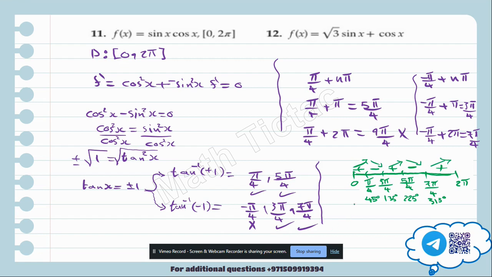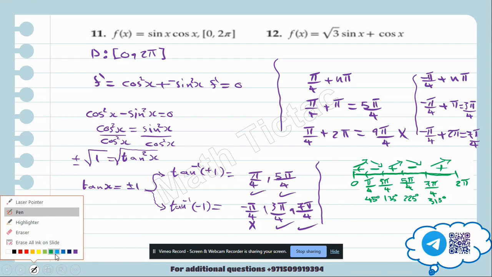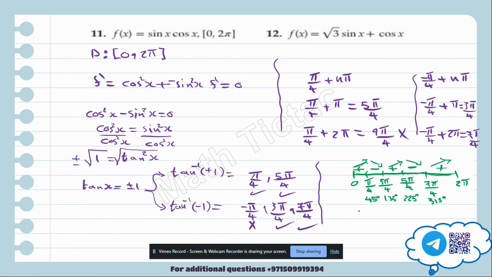So at the end I have local maximum at pi over 4, and we have 5 pi over 4.